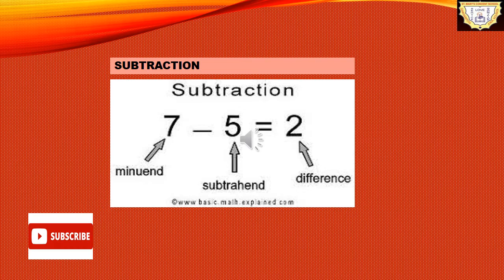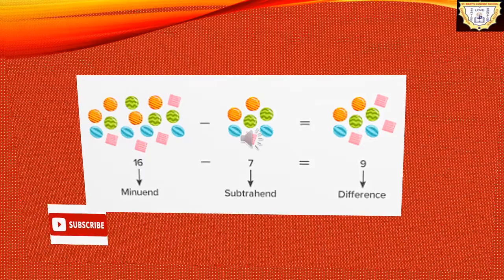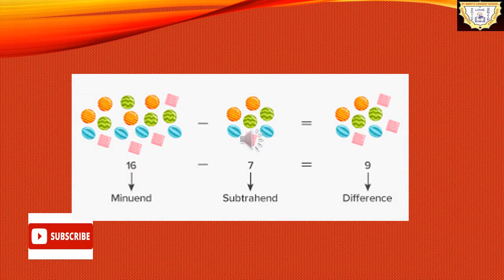So we need to keep some of the things in mind regarding subtraction, like the bigger number will be on the top, and from that number only we can subtract the smaller number, and then we can get the result. Let's take another example of subtraction. So here we have 16 articles, 16 things in the first number, and from that we are subtracting 7 items.